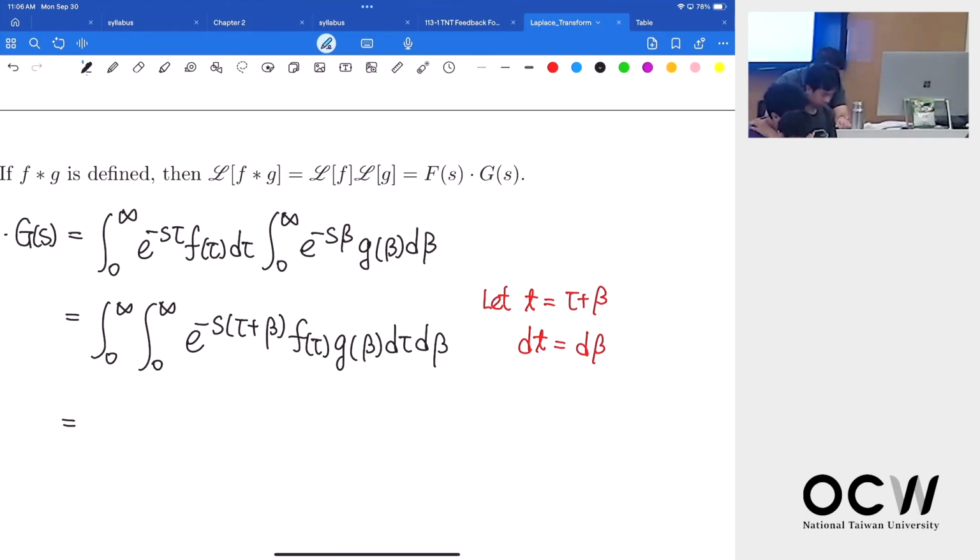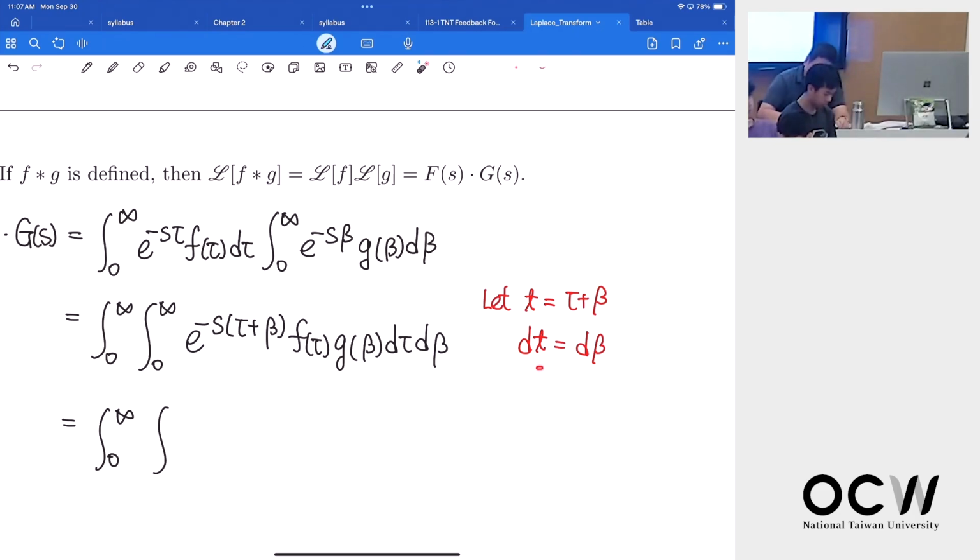For d tau, it is from 0 to infinity. For beta, it is from 0 to infinity, right? So when beta is 0, t is tau.